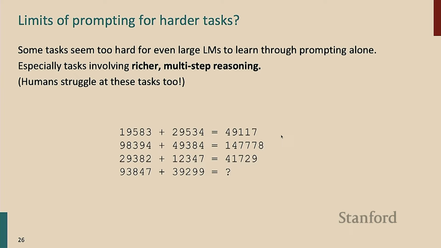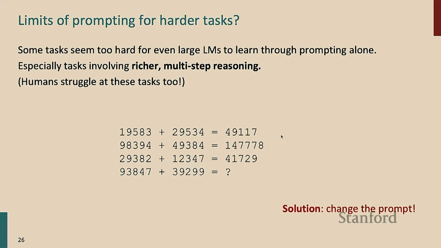I don't have the actual graph here, but it was famously bad at doing addition for much larger digits. And so if you prompt GPT-3 with a bunch of examples of addition, it won't do it correctly. But part of the reason is because humans are also pretty bad at doing this in one step. If I asked you to just add these two numbers on the fly and didn't give you a pencil and paper, you'd have a pretty hard time with it.